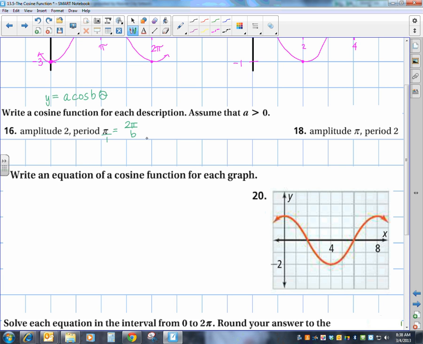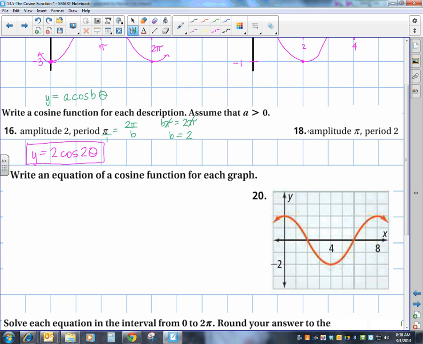So if you need to cross multiply, you'll see that b times pi equals 2 pi. My pi's cancel, leaving me with b equal to 2. So my final answer will be y equals 2 times the cosine of 2 theta.